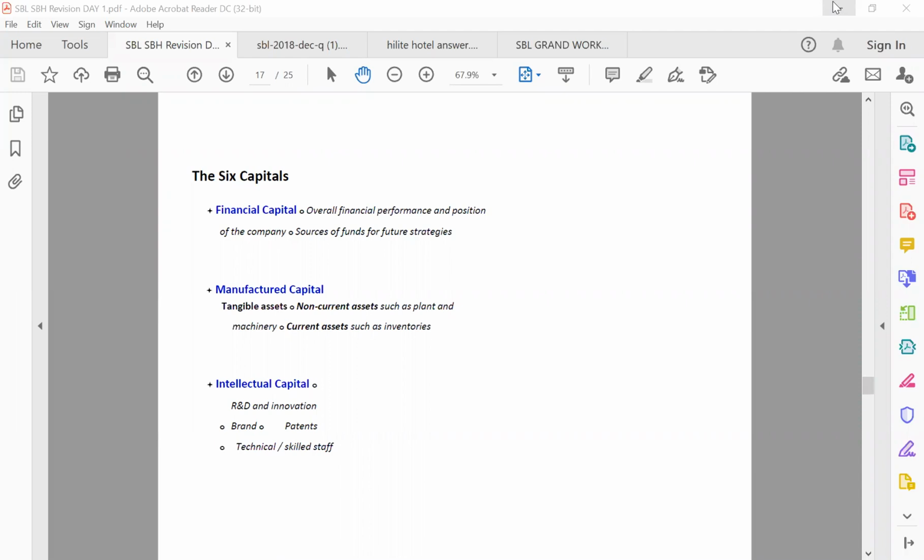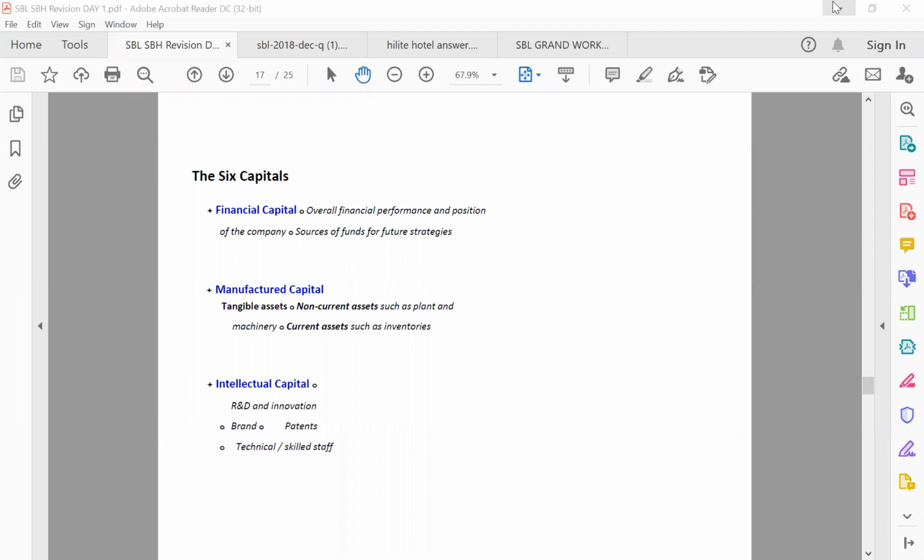Now remember one thing, normally people confuse manufactured capital and intellectual capital. Manufactured capital is all about current assets and non-current assets. Why include non-current assets? Because you know very well that all those machineries, buildings, fixed assets that we have are included in the tangible non-current assets such as plant and machinery.